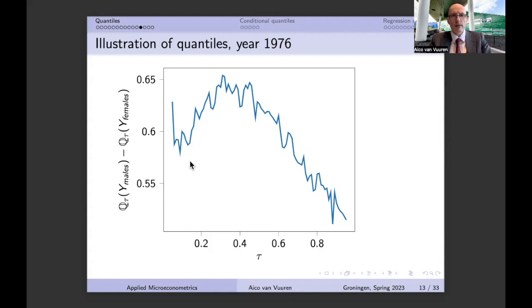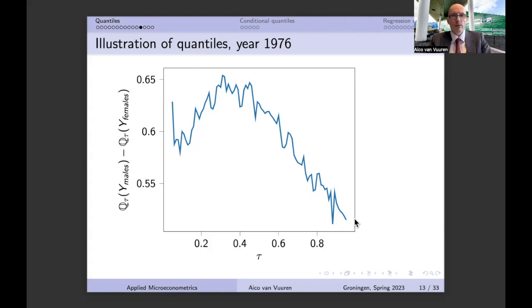But what we see here as well is that there is an increase from the first quartile up till say around 0.4, but from 0.4 onwards there was a decrease in terms of the wage gap. So in 1976 there was obviously no glass ceiling effect.